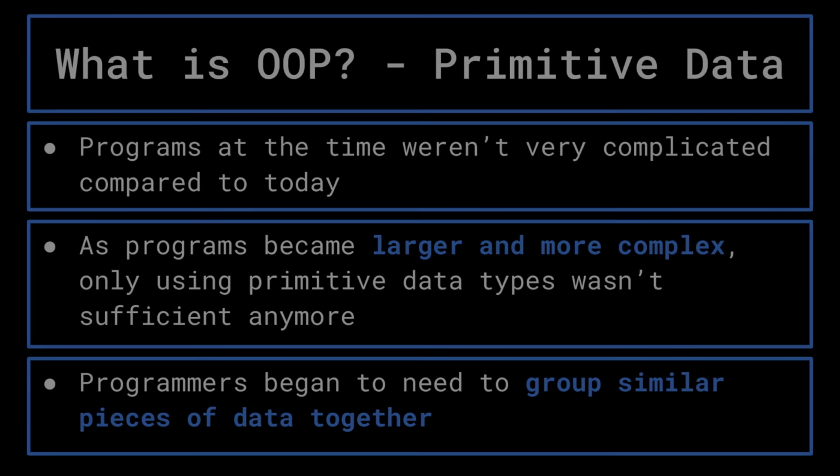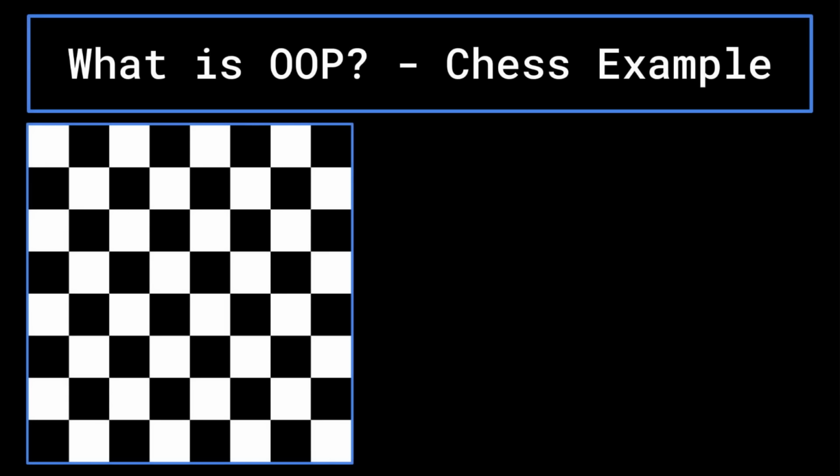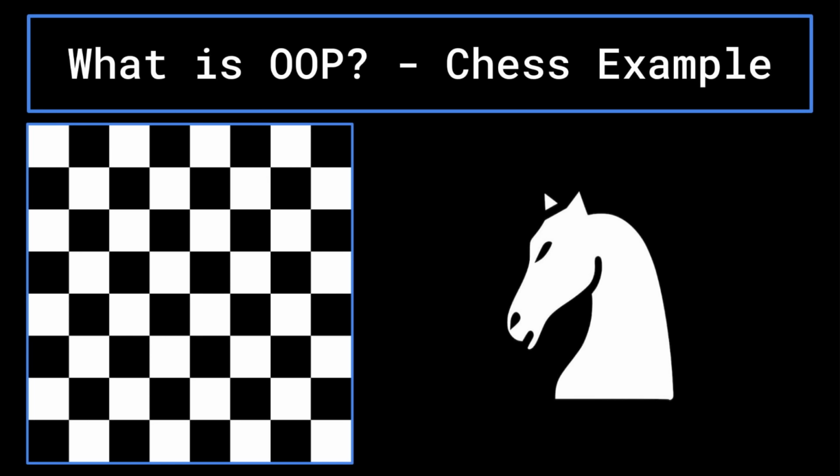Well, to serve as an example, let's imagine you are trying to program a chess game. When programming a knight into the game, there are plenty of variables that you will need in order for the piece to work how it should. For example, you would need a position variable to keep track of where the knight is.